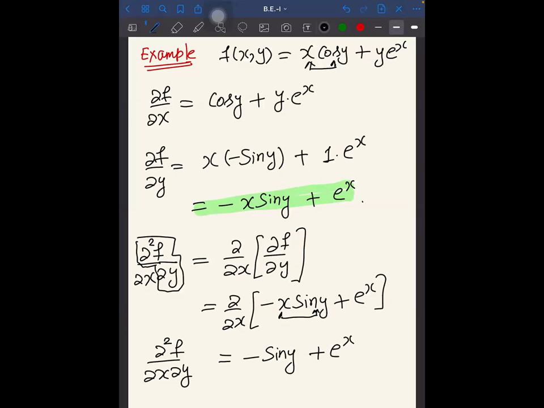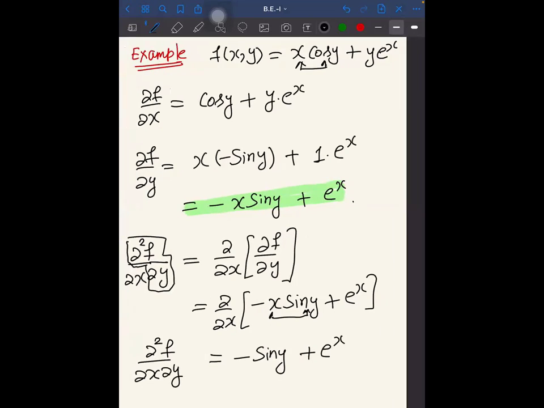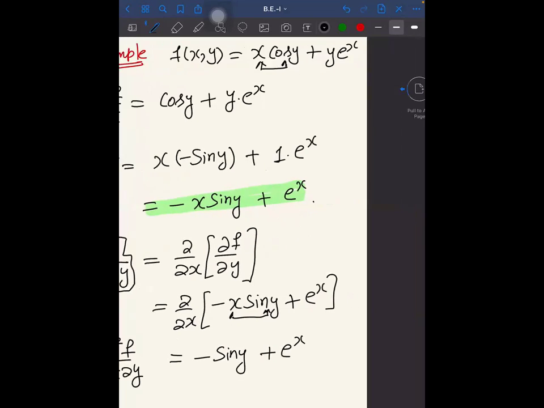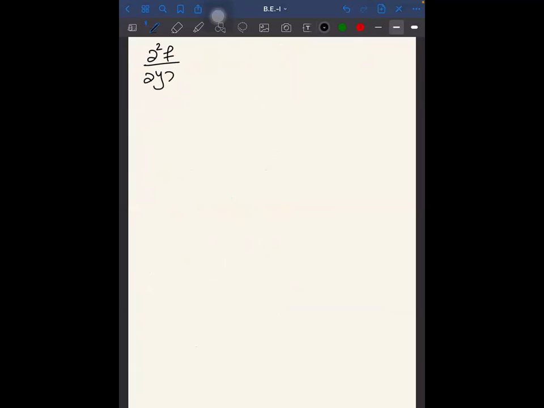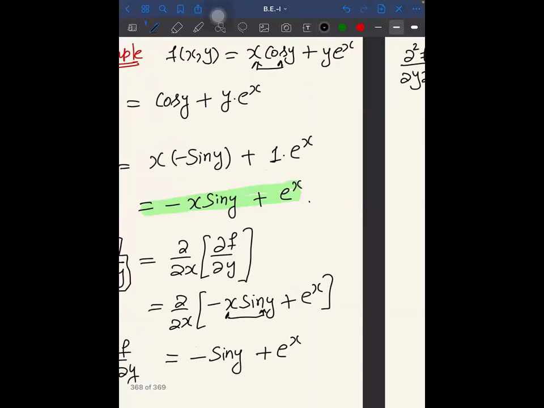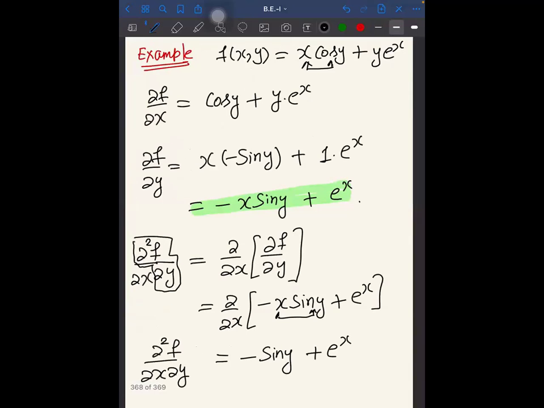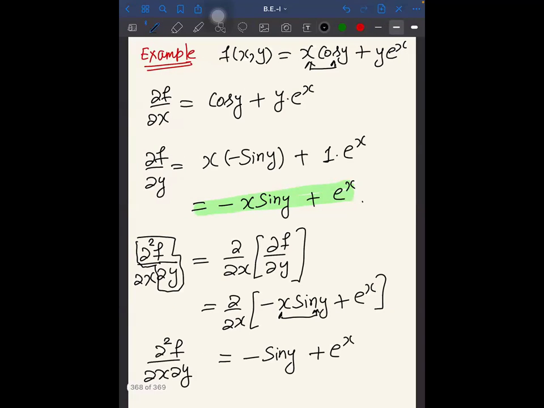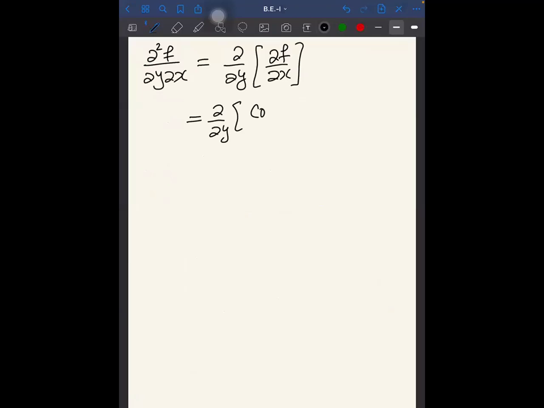Okay, so let's see. The next one: now let's say we want to find curly y curly x. So curly upon curly y of curly f upon curly x. What is curly f upon curly x? We have already calculated this. It becomes cos y plus y times e^x.